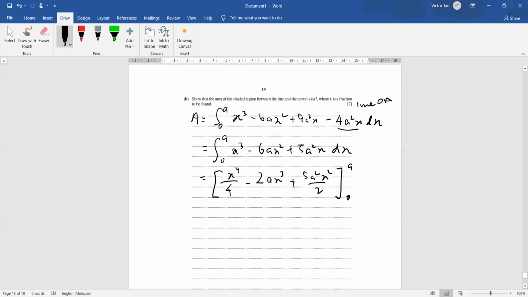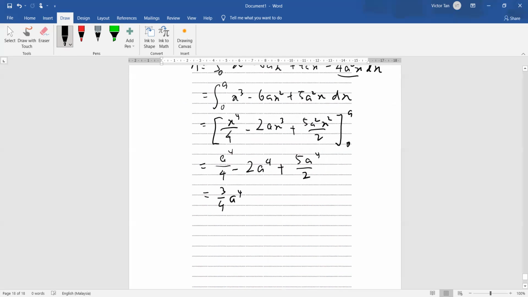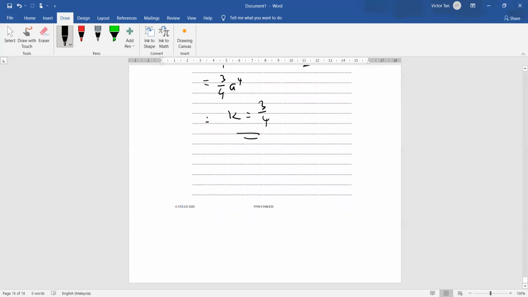Substitute a. So a to the power 4 over 4 minus 2a to the power 4 plus 5a to the power 4 over 2. So this is a half plus a quarter, which is 3/4. Okay, therefore k is 3/4. That's the fraction that they are looking for.